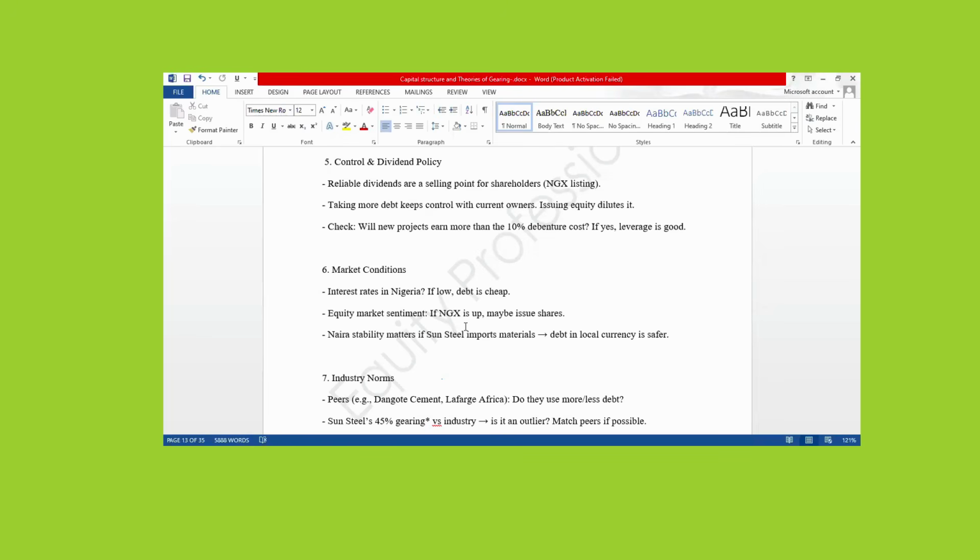If the answer is yes, then we are going to look at Naira stability, the exchange rate stability. Debt in local currency is safer. If the company is to finance its expansion with debt, and the company is involved in imports, it is better to obtain Naira debt.